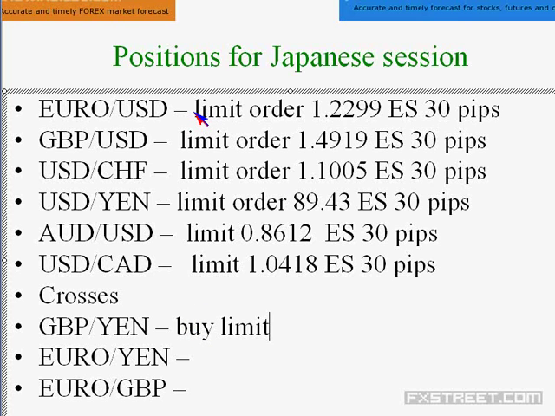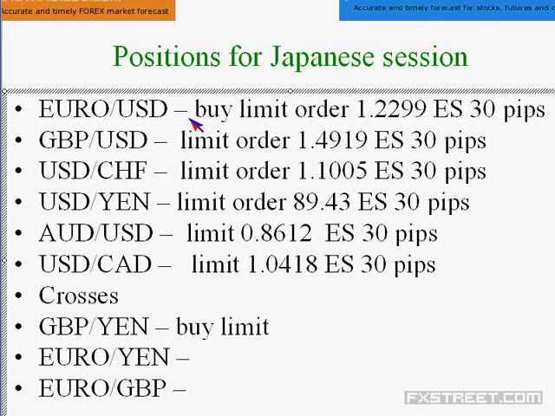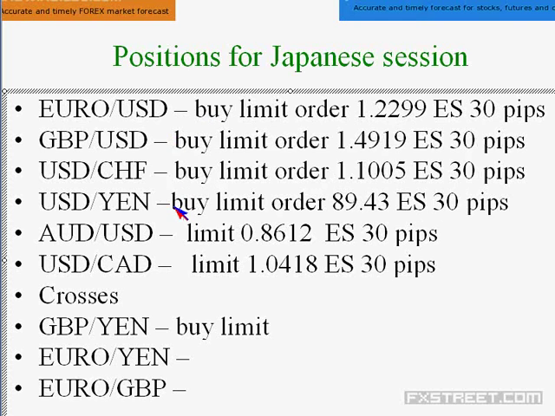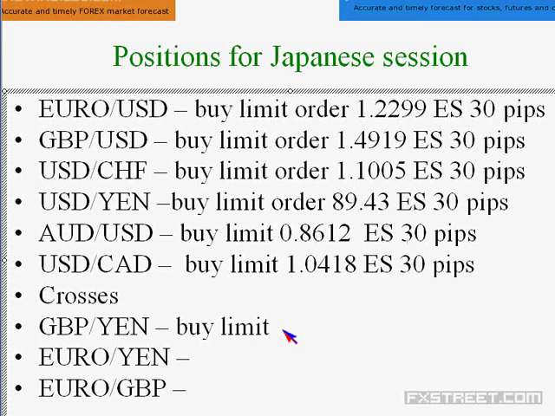I forgot to mention buy. So I will keep a buy limit order in the case of GBPN around 133.63, 1 pip above that of the low, and entry stop of 50 pips.